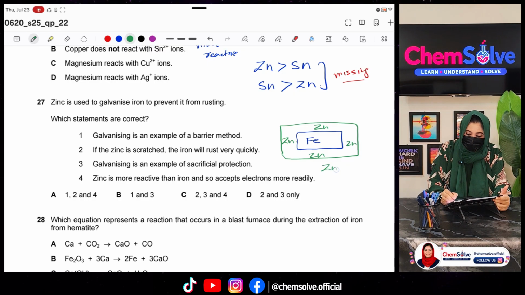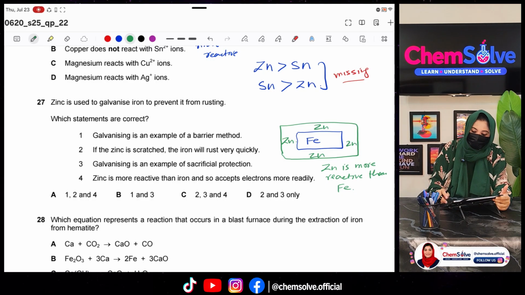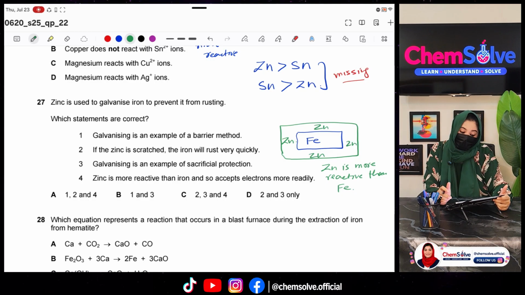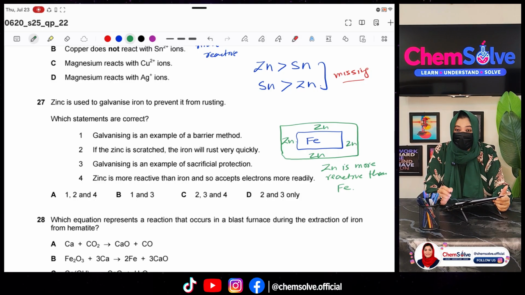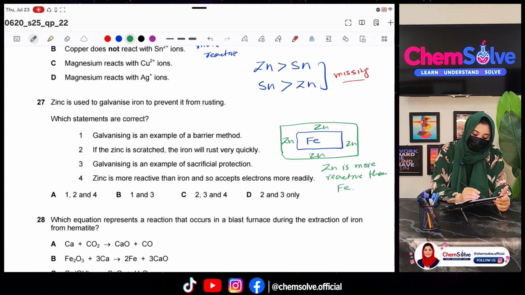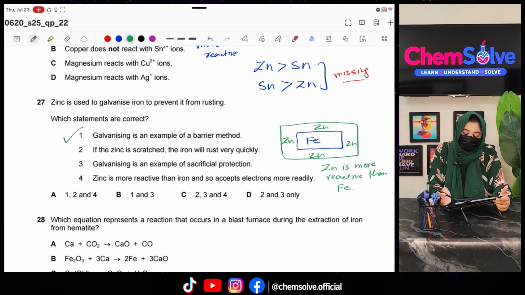And zinc is more reactive than iron. So keeping this information in our mind, look at the options. Galvanizing is an example of the barrier method. You can clearly see the diagram which I have drawn here. It is a barrier actually. So statement number 1 is correct.